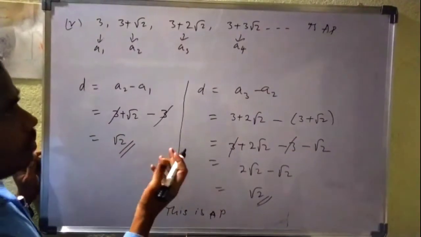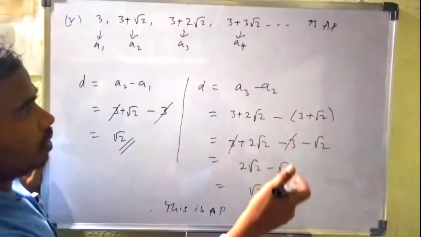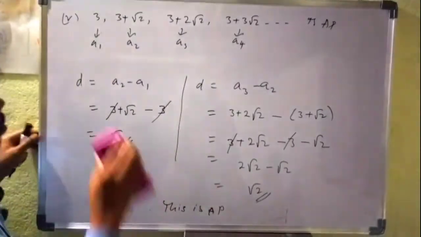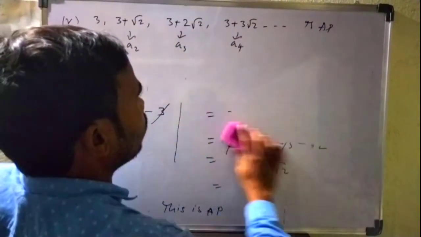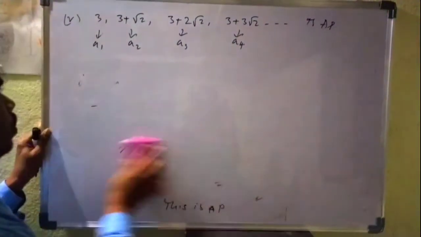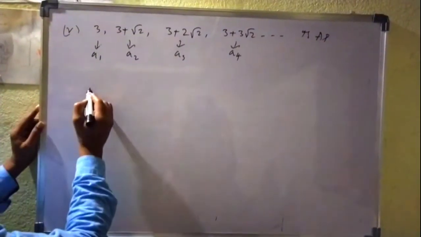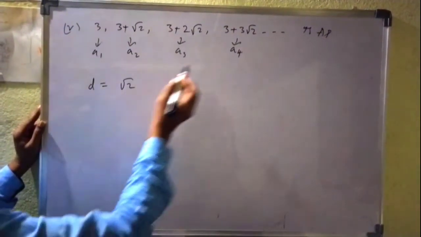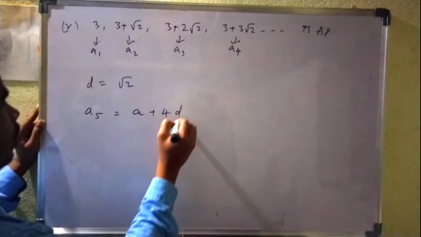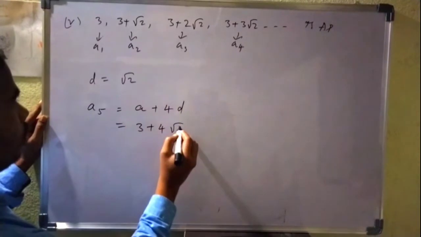Next three terms we are finding. a1, a2, a3, a4 are there, so a5, a6, a7 we are finding. Just see, a4 is finished. Now a5: the common difference d is equal to root 2. a5 is equal to a plus 4d. a is equal to 3 plus 4 root 2, d is root 2.